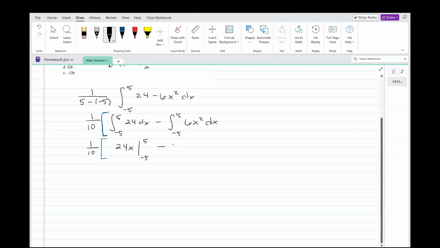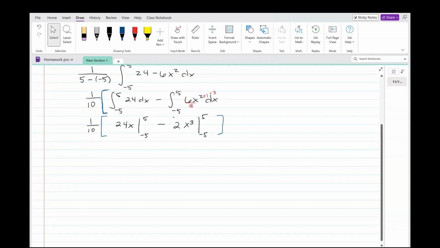And then over here, we have 6x squared. So let me go ahead and add 1 to the exponent. That gives me 3, and then I'm going to divide by 3. So 6 divided by 3 is 2. 2x to the third over the interval from -5 to 5. Awesome.